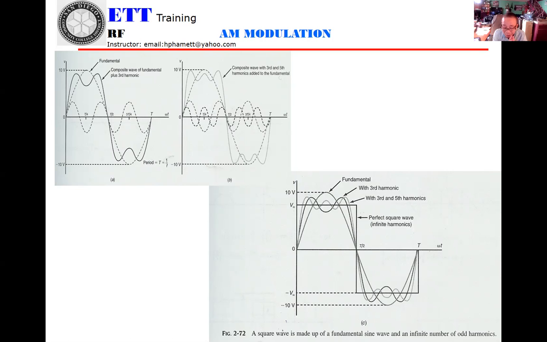Basically, bandwidth means the difference between the higher and the lower frequency. However, in general, bandwidth equals frequency maximum minus frequency minimum.